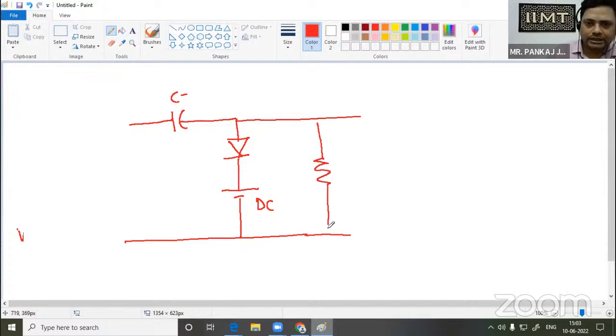A load resistance RL is connected in parallel across the diode and DC battery, and we measure our output across this load resistance.